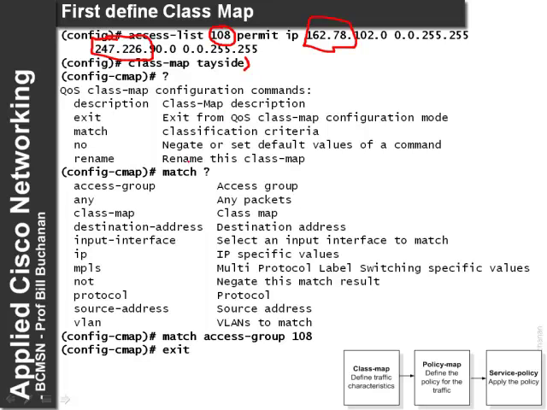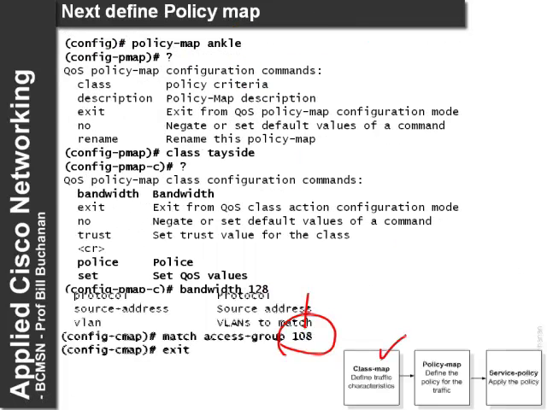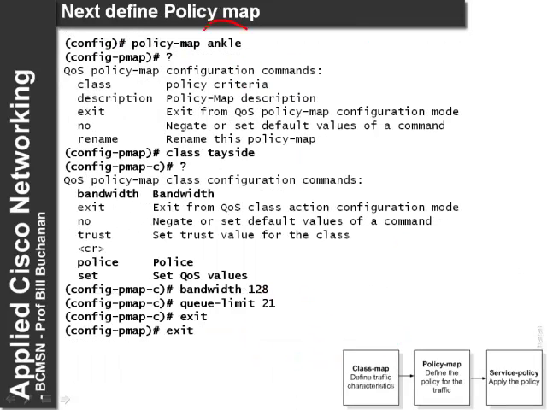We define our class map, and in this case, we match to this ACL. So this defines our class map. Next, we define our policy map, and we apply our class map into this and define the bandwidth.